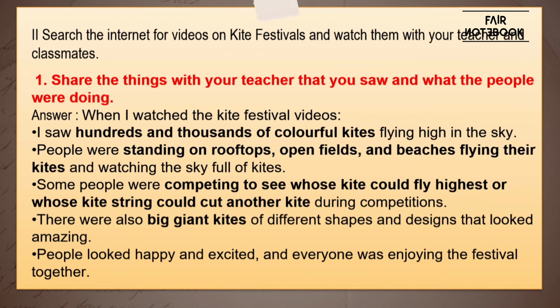Some people were competing to see whose kite could fly highest or whose kite string could cut another kite during competitions. There were also big giant kites of different shapes and designs that looked amazing. People looked happy and excited and everyone was enjoying the festival together.